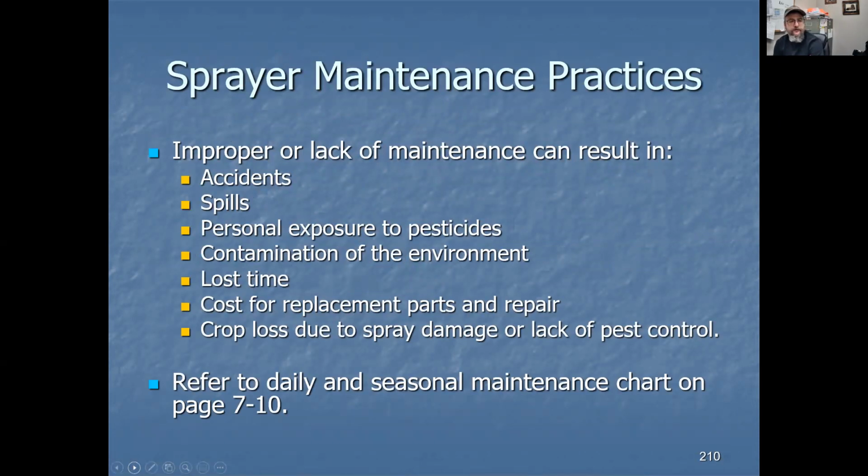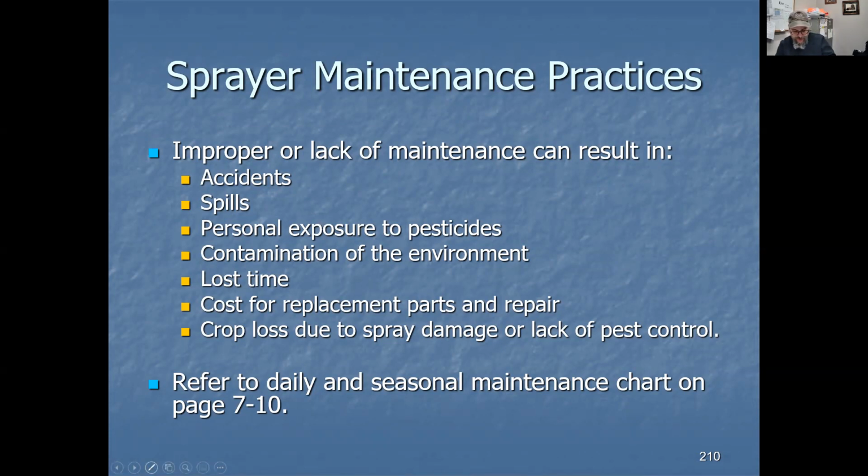Sprayer maintenance practices. Improper or lack of maintenance can result in accidents, spills, personal exposure to pesticides, contamination of the environment, lost time, cost for replacement parts and repair, and then crop loss due to spray damage or lack of pest control.